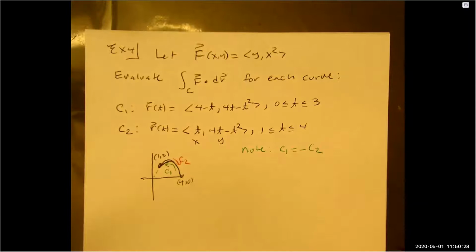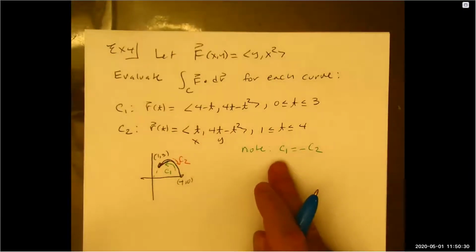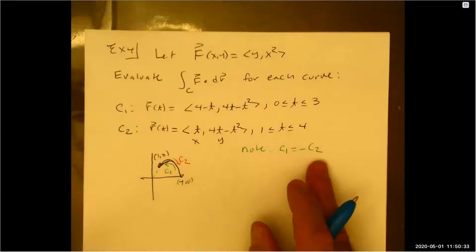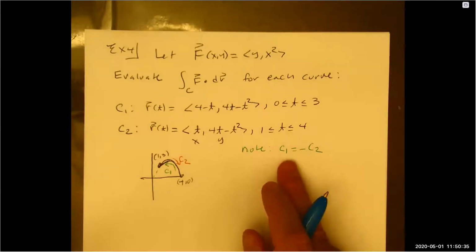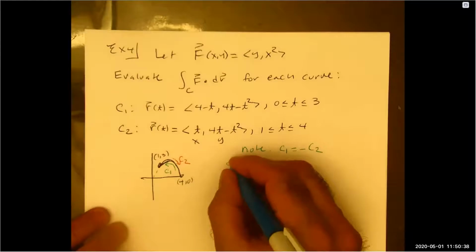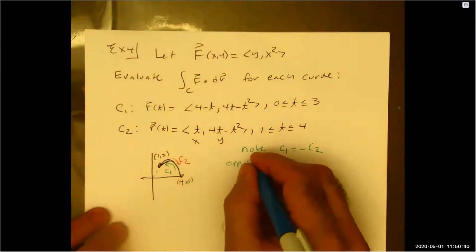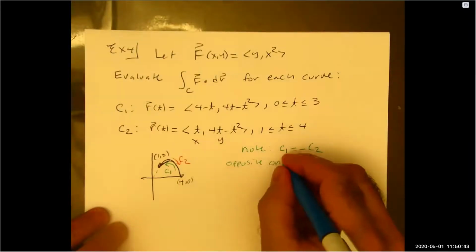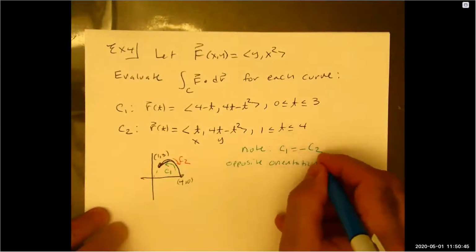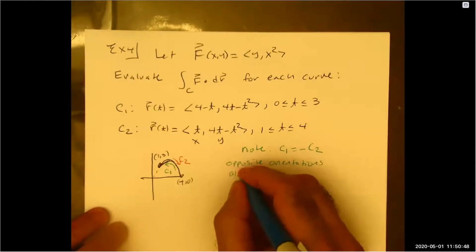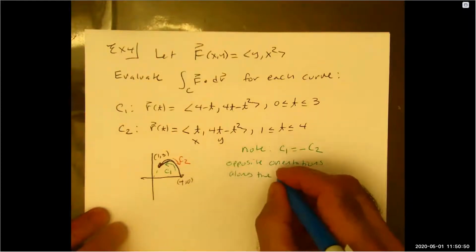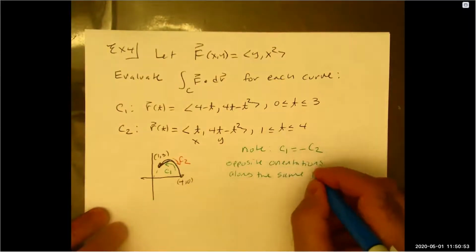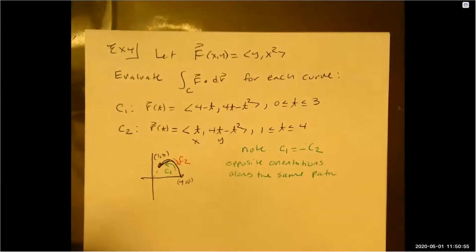That means that they're both along the same path, but we have opposite orientations along the same path. All right, so maybe that's going to be meaningful. We'll see about that later. All right, so let's start out with C1.